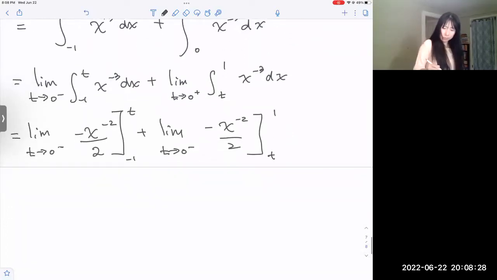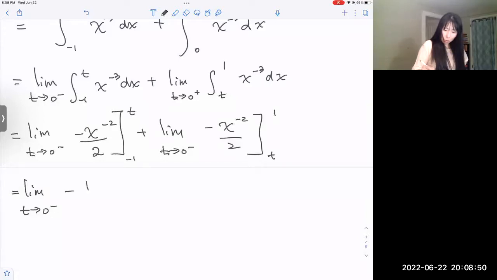Okay, now basically this is, think about 1 over x squared, right? Before that, let me input all the values. It's 1 over x squared.